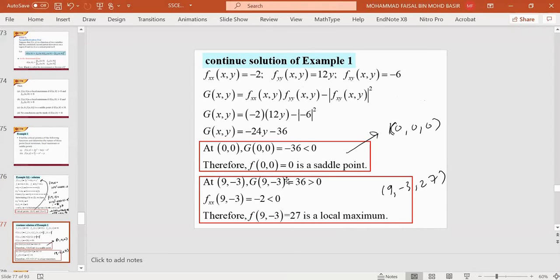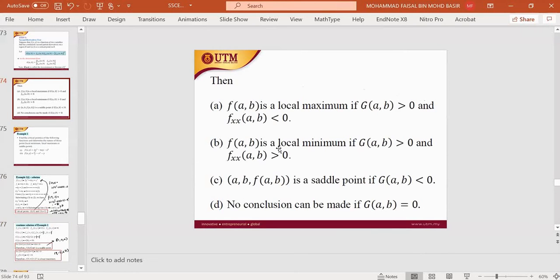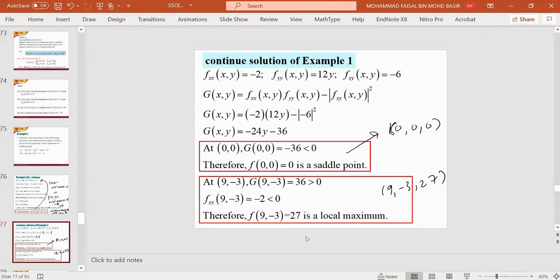So g is more than 0 and your fxx is less than 0, which means your point will be a local maximum.